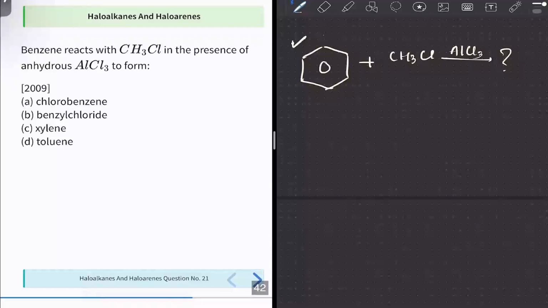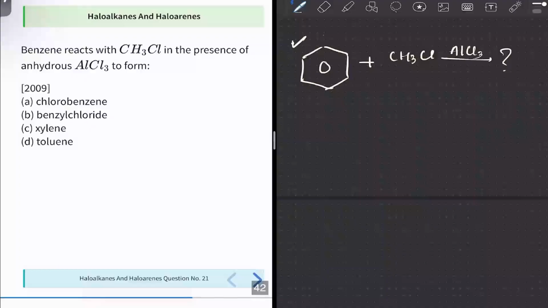But before discussing the product, we have to discuss the mechanism of Friedel-Crafts alkylation. Not only of Friedel-Crafts alkylation or acylation, we have to discuss the mechanism of electrophilic substitution reactions.